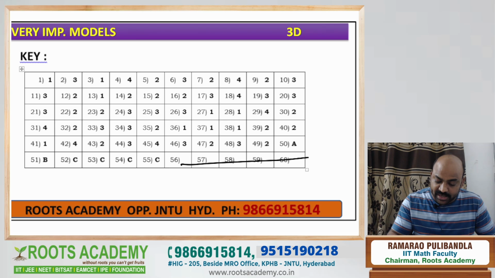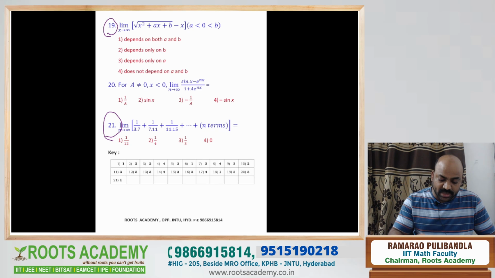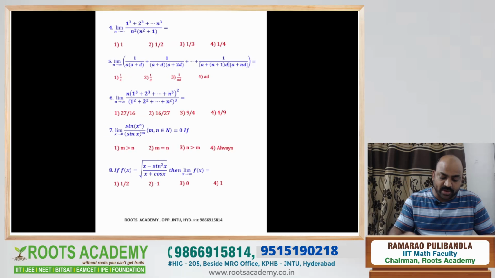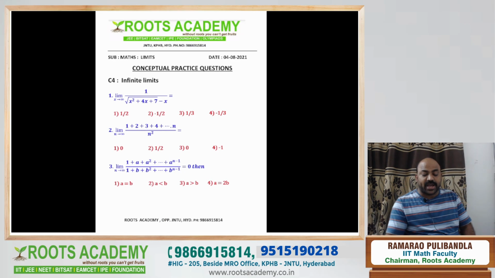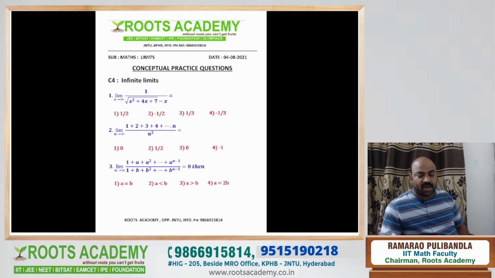Here is the assignment, all of you look here. These are conceptual practice questions. This assignment contains a minimum of 10 questions everyone has to do. Are you able to see it on the screen? And if you do more than that, you will definitely become the best advanced level ranker.